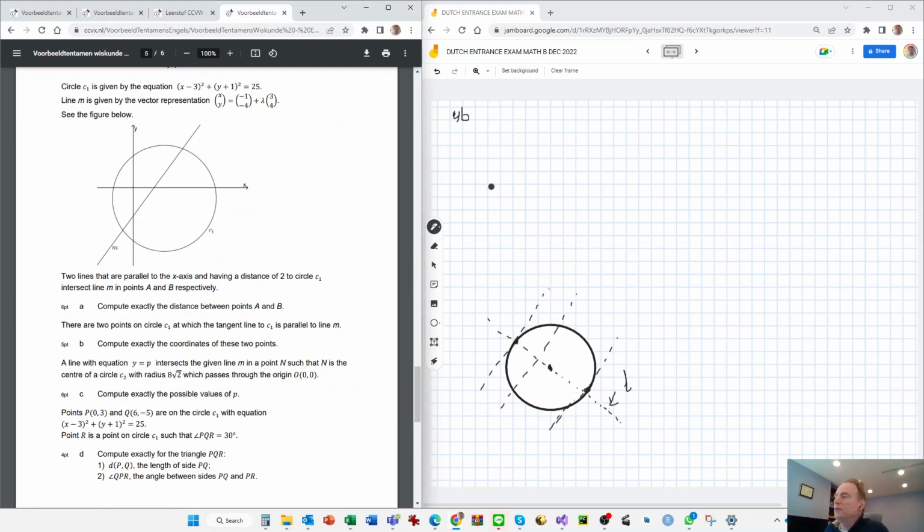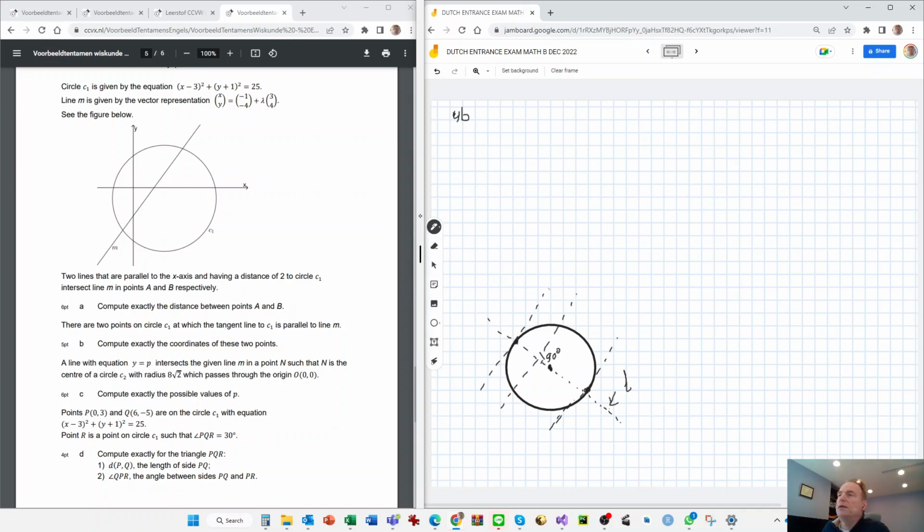But how to find this line L? Well, we know two things about it. First, it has to be perpendicular to line M. So here this angle is 90 degrees. And it has to go through the center of the circle.